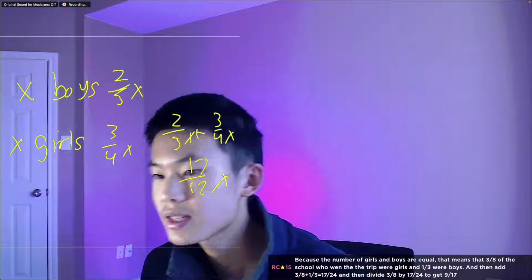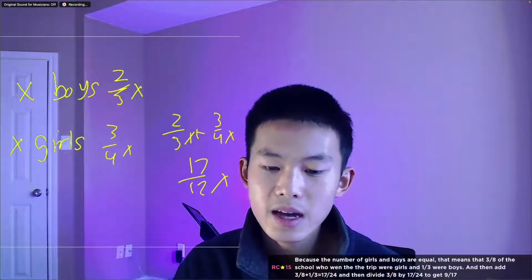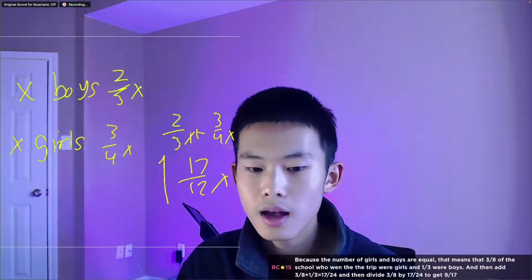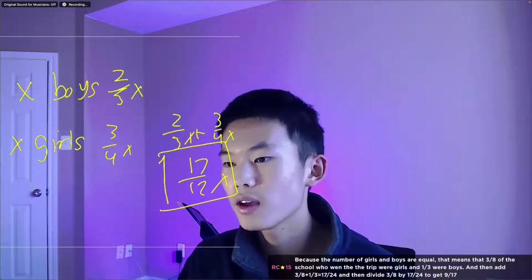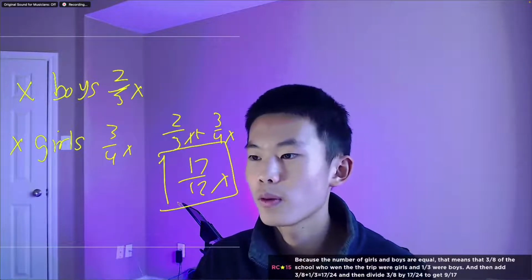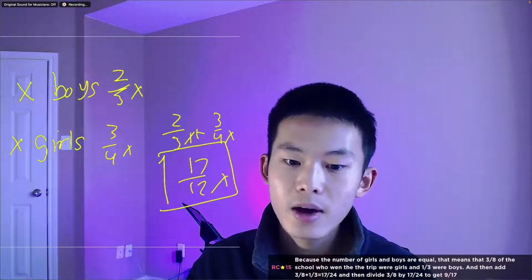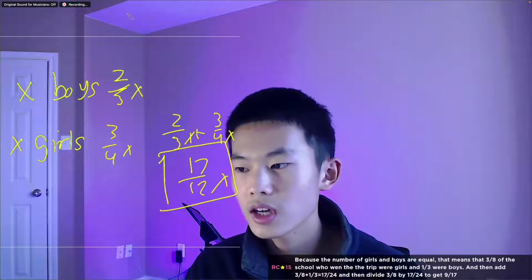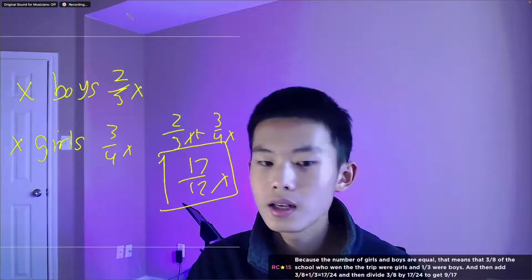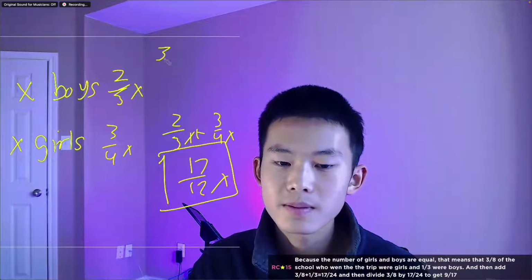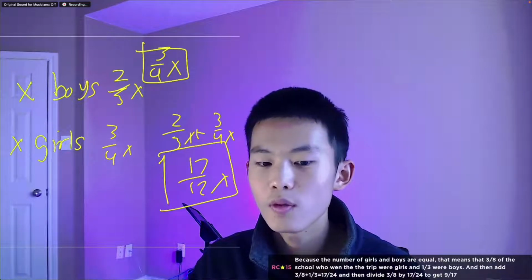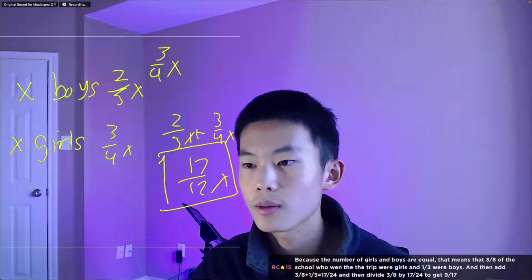Yeah, that's exactly right. So basically the idea is that 17 over 12 X is the total number of people who went on the field trip. And now we want to figure out the fraction of girls that went on the field trip, right? So we see that 3/4 X is the number of girls that went on the field trip, over 17 over 12 X, which is the total number.